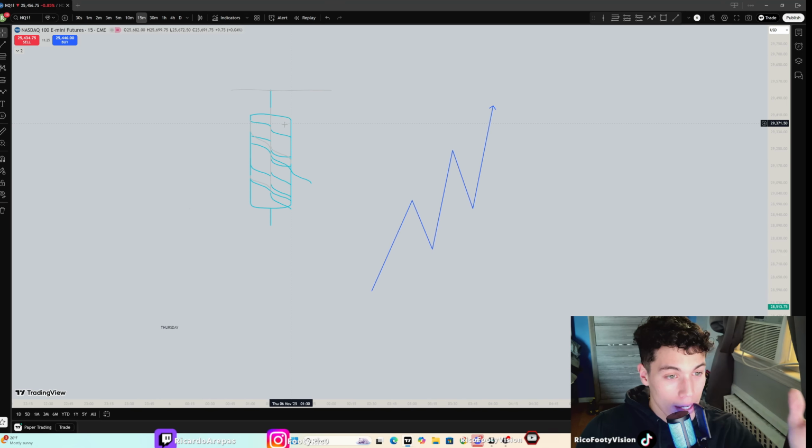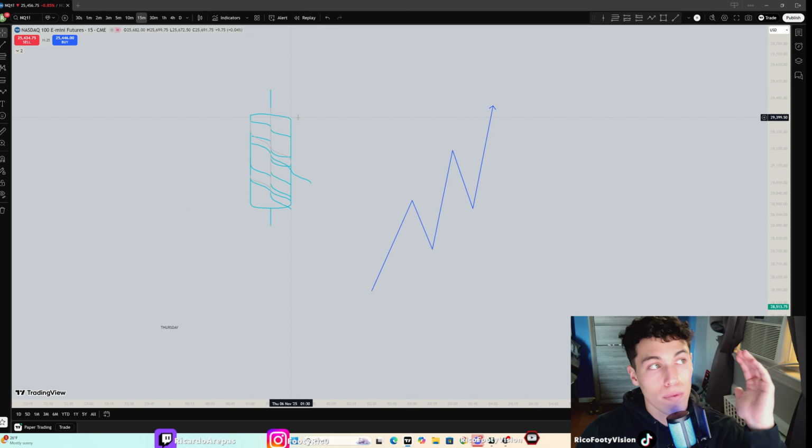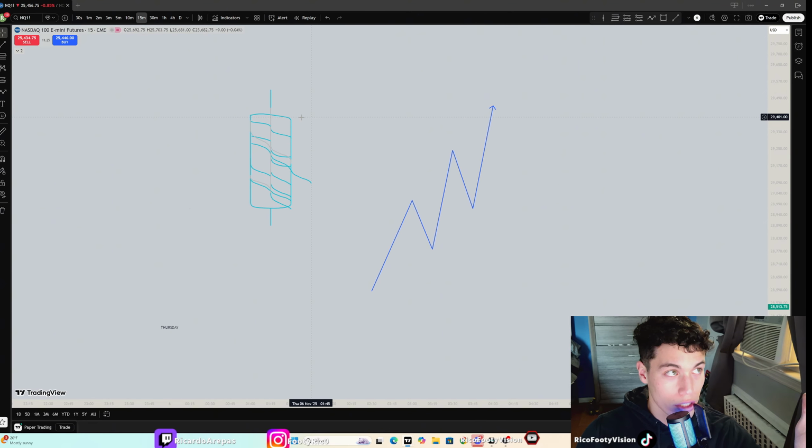Meaning price opened down here, probably went down below here to its lowest point, then shot up to its highest point where the peak of this wick is right here, and then it closed up here, right? This is for bullish market structure.